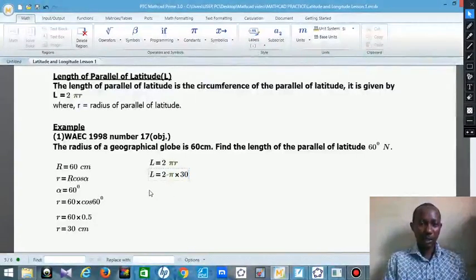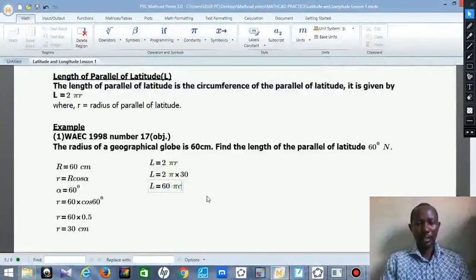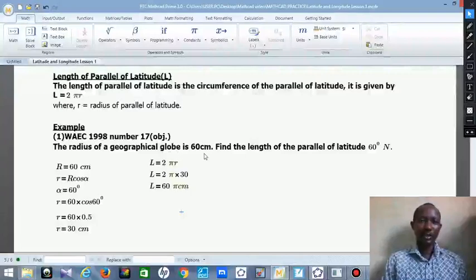It depends on what the question wants us to do. But let me leave it in terms of pi. It's just an objective question. You can see then you have 2 times 30 will give us 60. So the answer is 60 pi centimeter. So that is it. That is the solution to this example question.